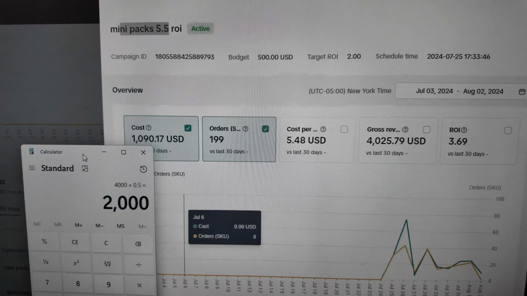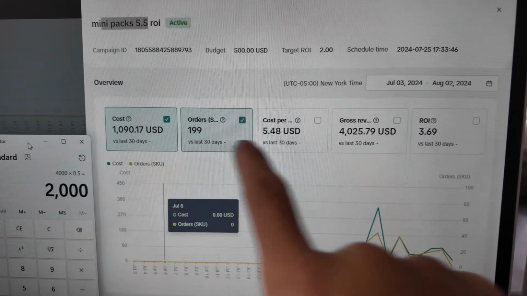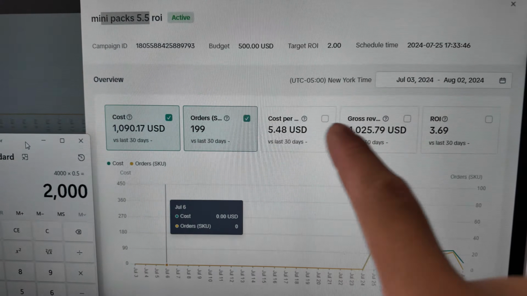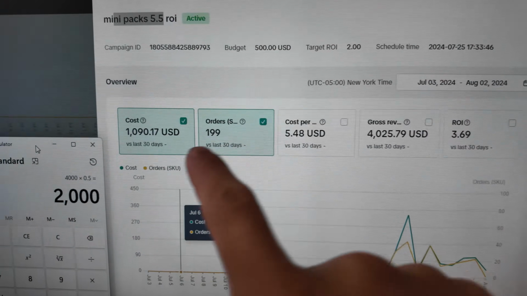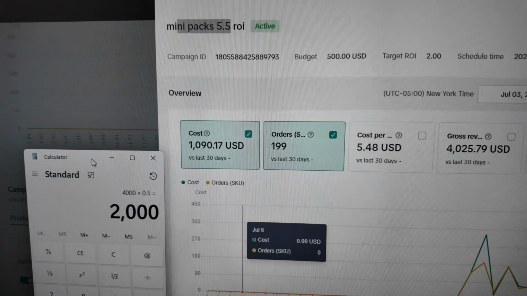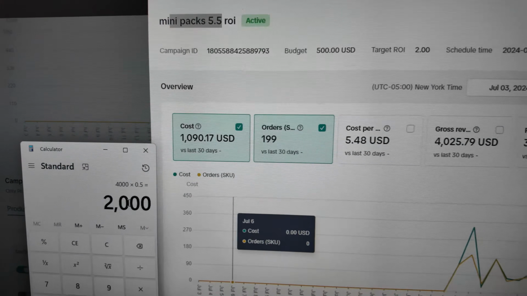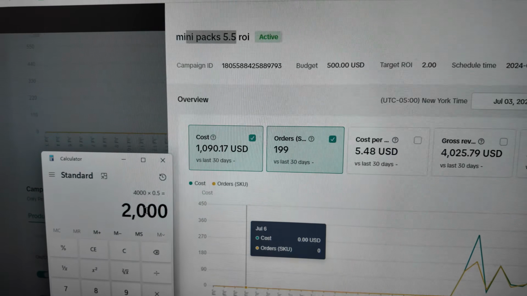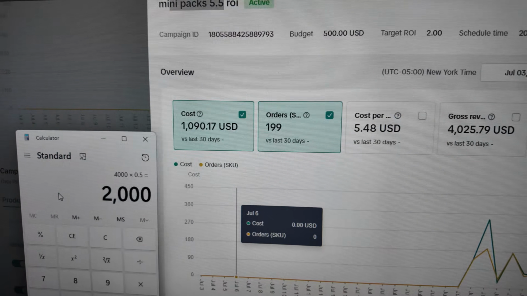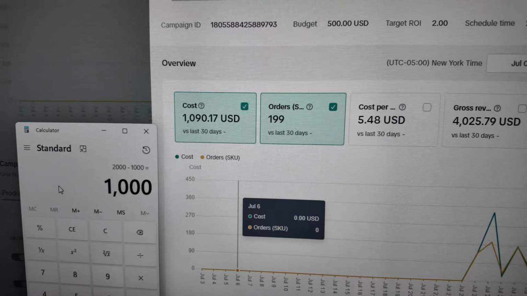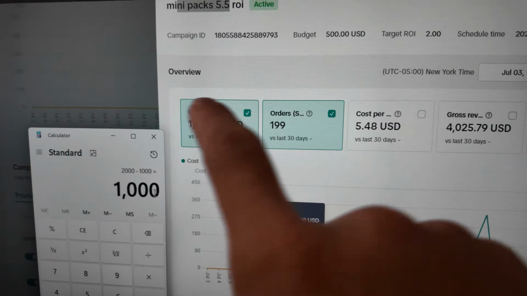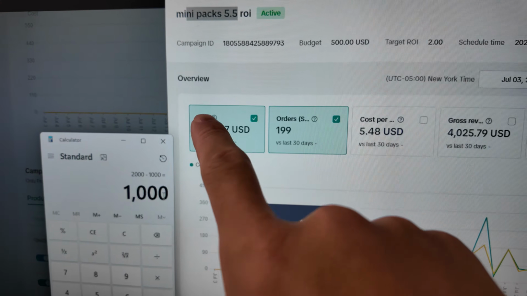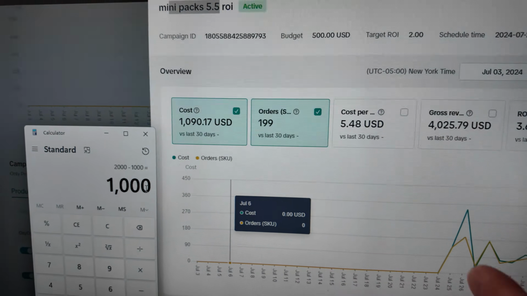So essentially, on my advertising spend that generated $4,000 in sales, I net $2,000. And then if you take $2,000 and you back out the amount I spent on advertising, we'll just call this $1,000, right? I net $1,000 profit off of this $1,000 spend on advertising that generated $4,000 in sales.